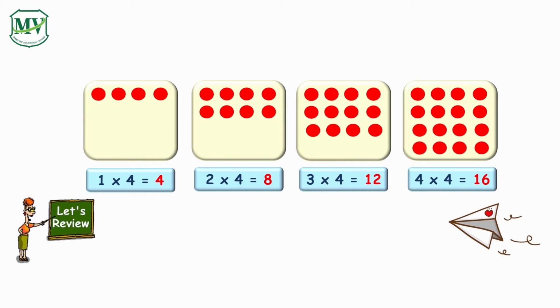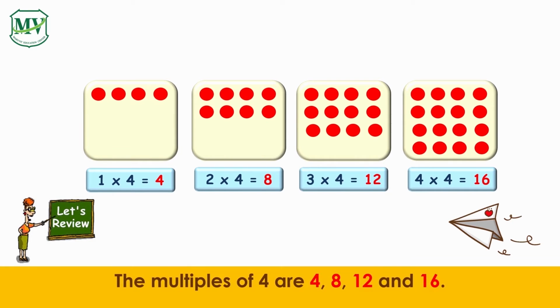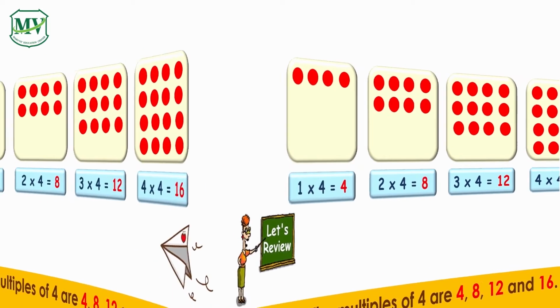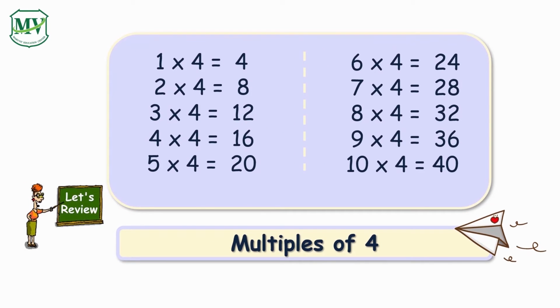The dots in each box represent the multiples of 4. The multiples of 4 are 4, 8, 12, and 16. Let's look at the multiplication table of 4. When we multiply any whole number by 4, the product is a multiple of 4.